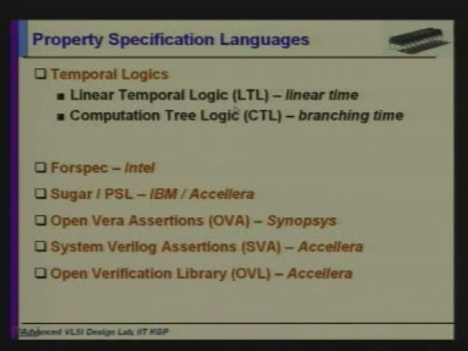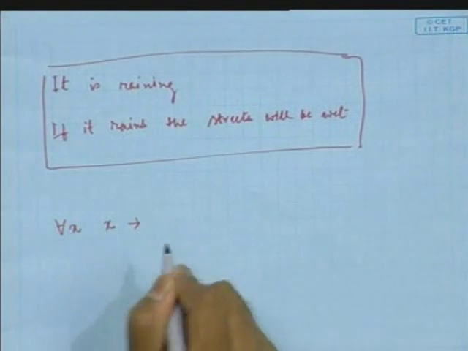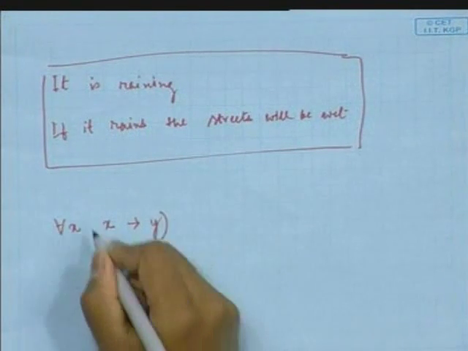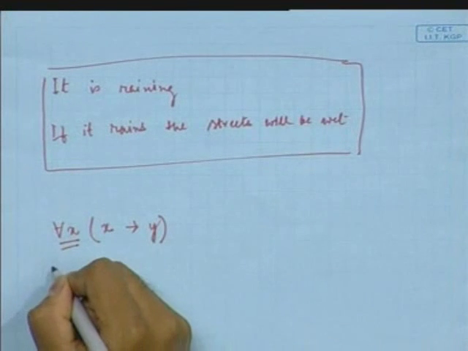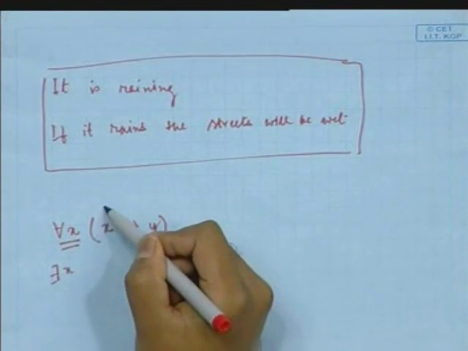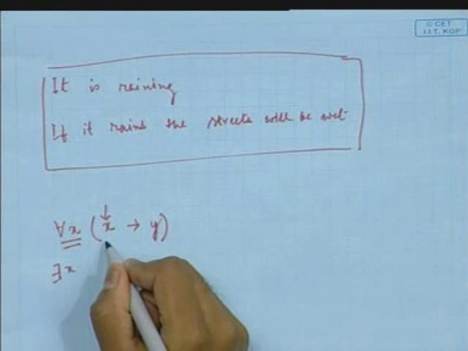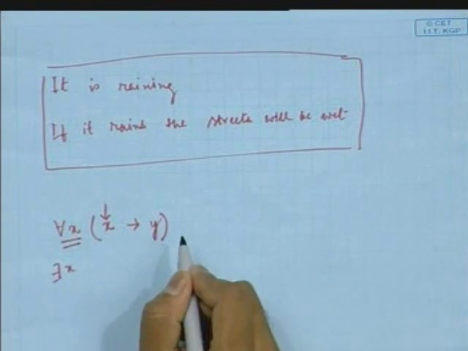We do not have a notion of for all x, x implies y, or for all, there exists quantification over variables. We don't have the notion of variable in propositional temporal logic. All of these, this x, this y, have to be constants.